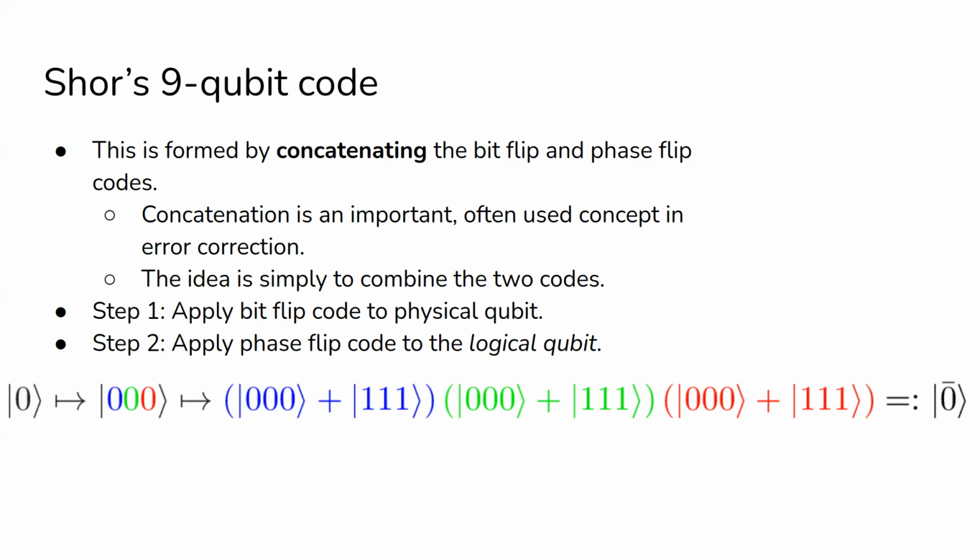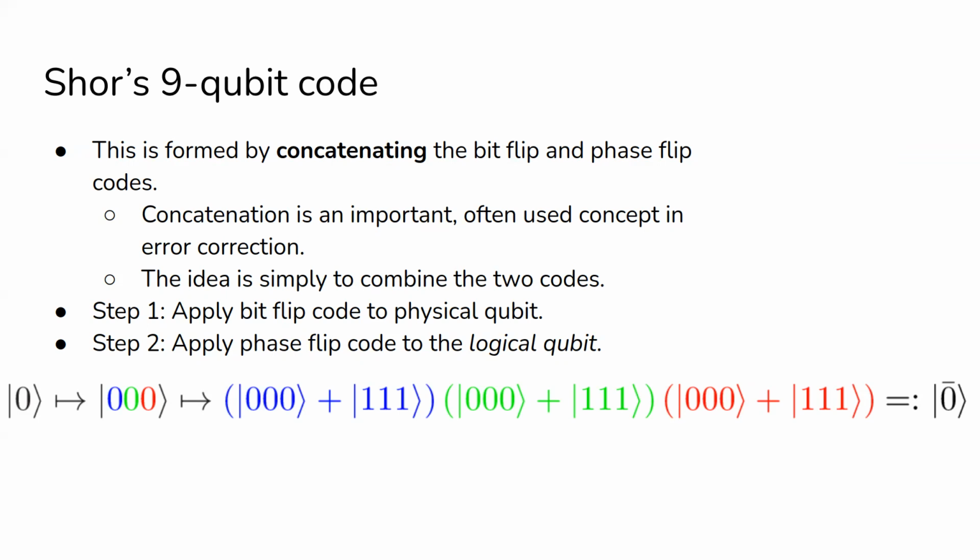Color coded. So we start with a physical qubit. This is what we want to encode. This is noisy. We need to make it not noisy. So let's apply the bit flip code. We apply the bit flip code, then we get 3 physical qubits, blue, green, and red, and they're all in the 0 state.